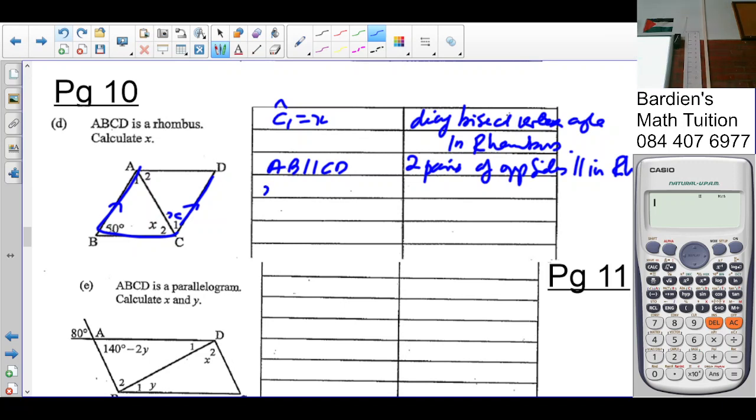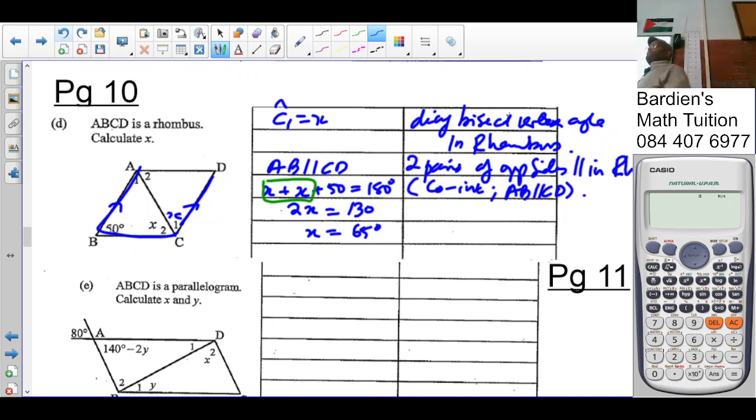Now what do we say? x plus 50 equals 180. Why? Co-interior angles, with AB being parallel to CD. Not so? So this here is going to give us 2x. 180 minus 50 is? Divided by 2 is? The 65. So you got x to be 65.